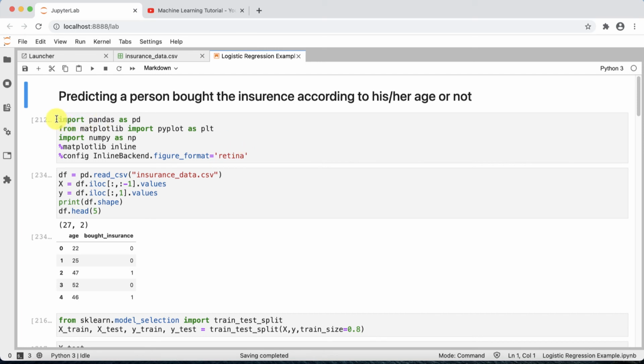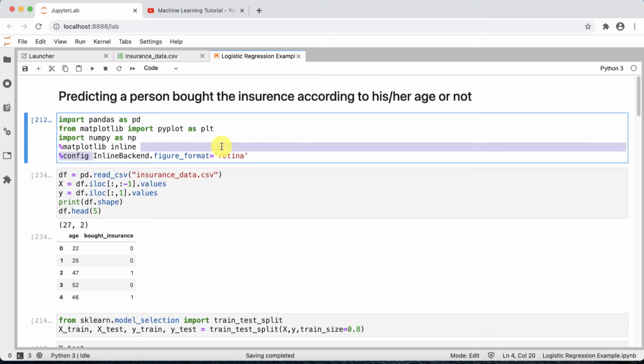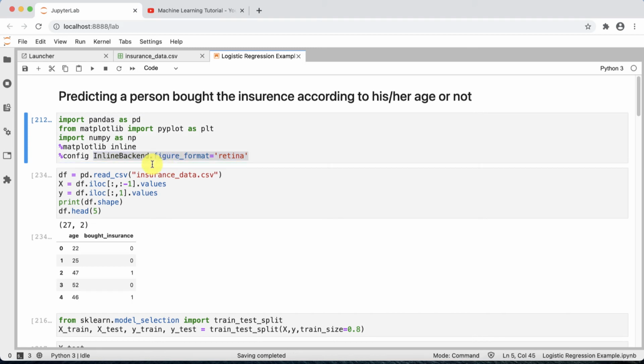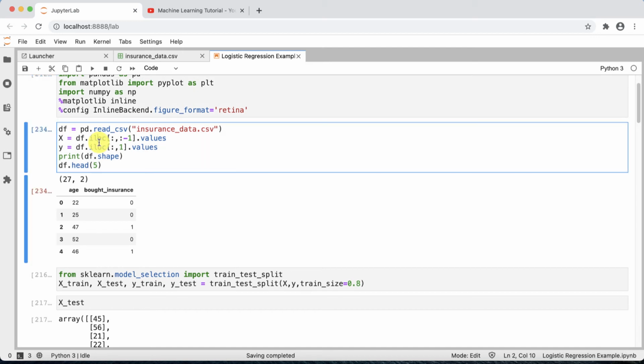Again guys, these are some basic libraries that you have to import. Again I'm telling you, this is the configuration line: if your screen supports the retina display, then you can use this to display your graphs in a clear version, right? Now again this is my very simple template for machine learning.